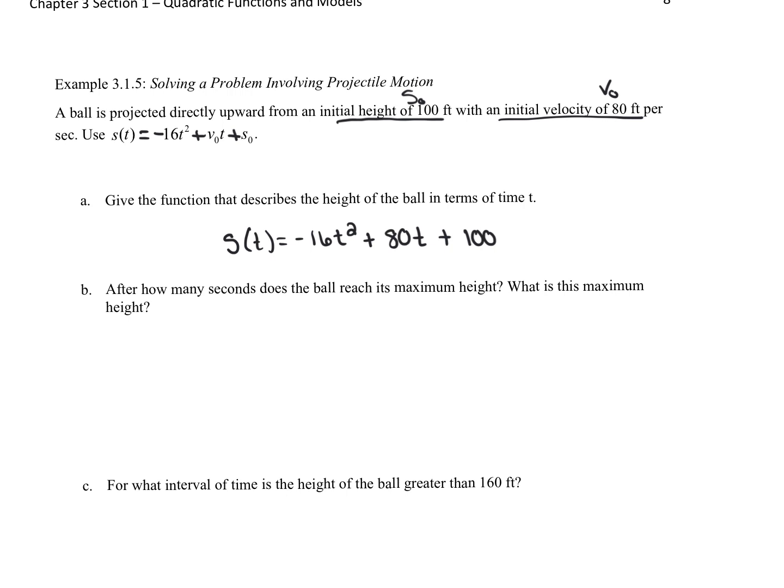After how many seconds does the ball reach a maximum height? This is a key word. A maximum is the same thing as finding a vertex. And to find a vertex, we have a formula that says x equals negative b over 2a. Since we don't have a variable x, we have a variable called t. We can replace the x with a t.